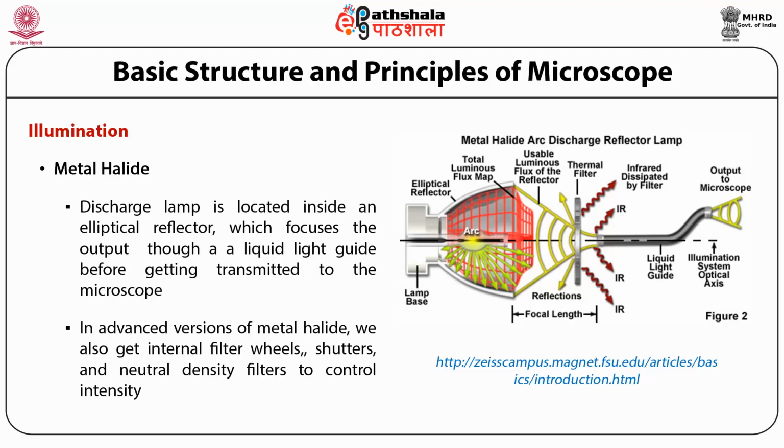And as you can see in this picture, the lamp base, and you have the arc which generates the light, and then you have the elliptical reflector which concentrates the light toward the thermal filter, and now through a liquid light guide that light eventually comes out, going to the scope. So the intensity is maintained or can be modulated by the focal length, through the distance between the reflector and the arc.